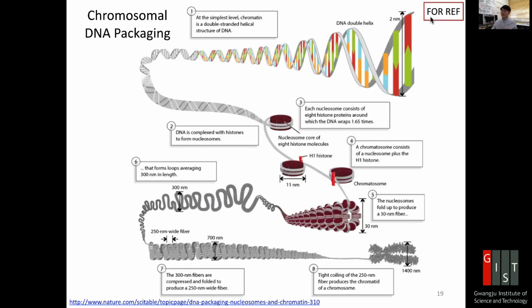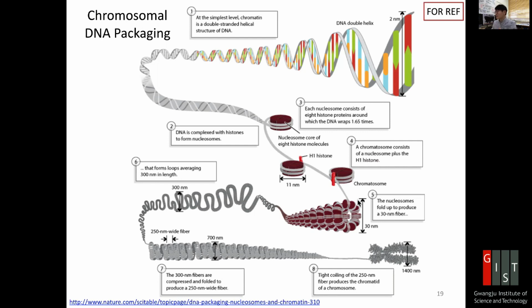This is just for reference, but to give you an idea that the DNA double helix is 2 nanometers. At the simplest level, this chromatin is a double-stranded helical structure of DNA. And this is wrapping around histone proteins, which are composed of 8 histone molecules with about 1.6 times rotation on average.